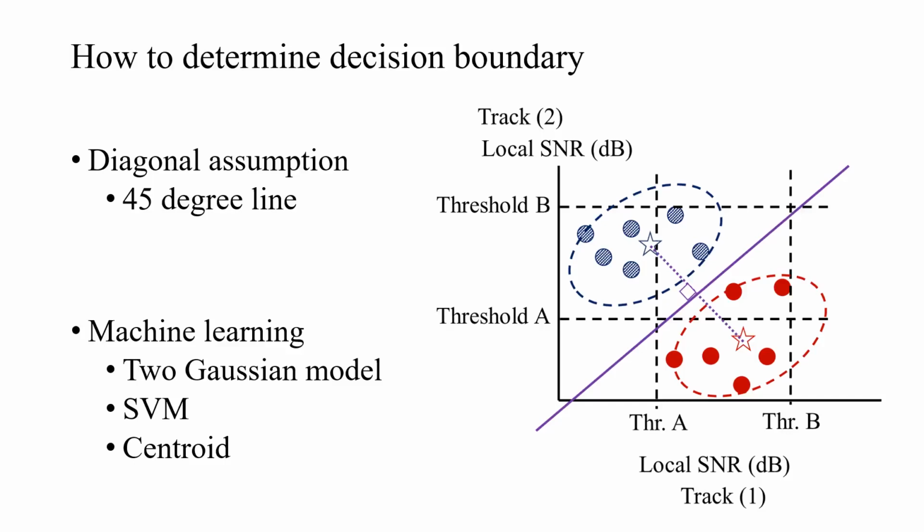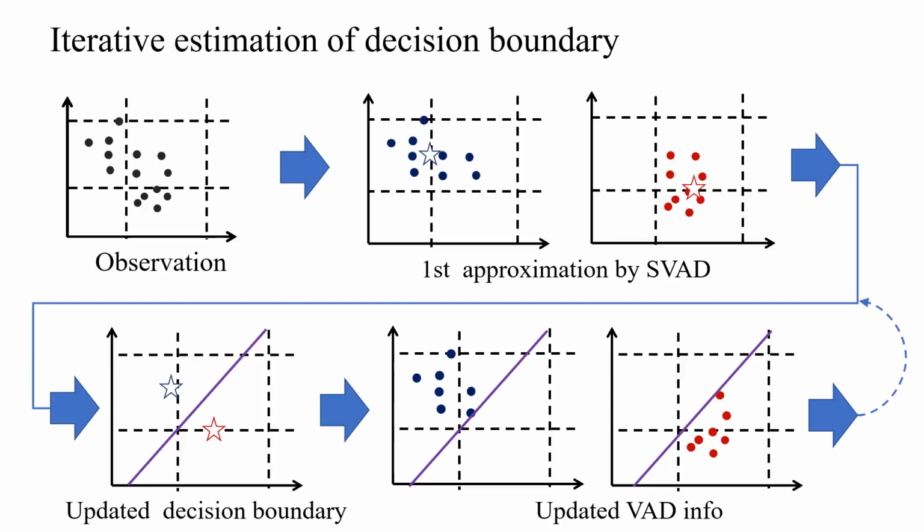Please note, decision boundary estimation requires iteration. Next slide explains our iterative process. In the iterative process, the decision boundary is updated by the two centroids. Each centroid represents the distribution of speech plots attributed to each speaker.